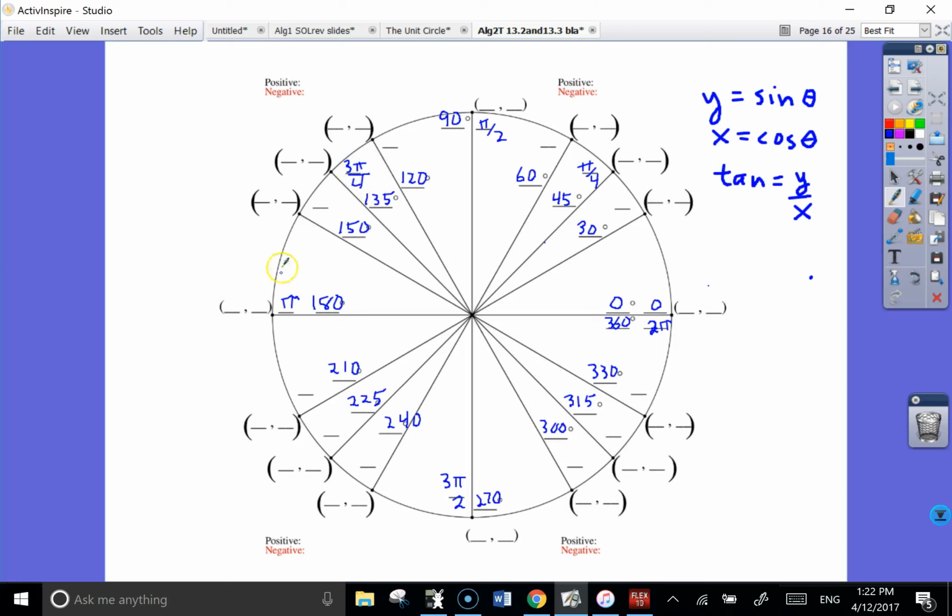Then add another, 4 pi over 4, that's pi. 5 pi over 4. Add another, 6 pi over 4, that's 3 pi over 2. 7 pi over 4. And if I added one more, 8 pi over 4, which is 2 pi. That's all the way around the circle.